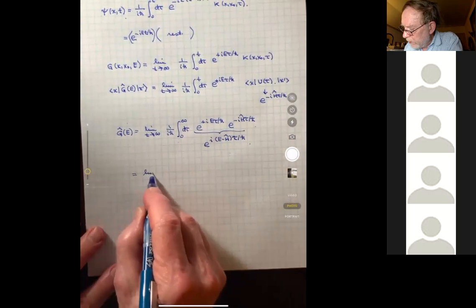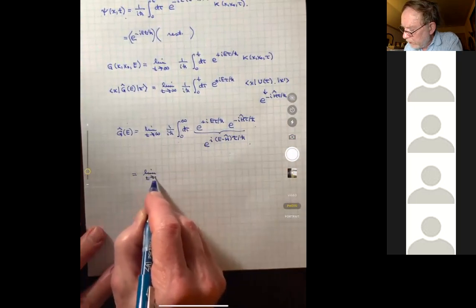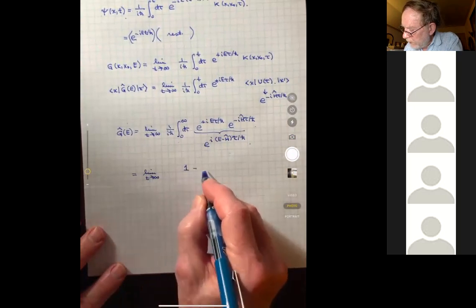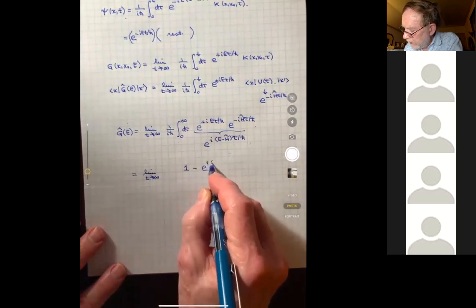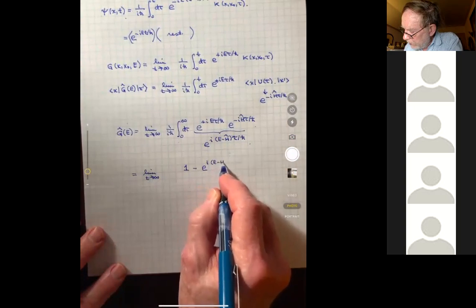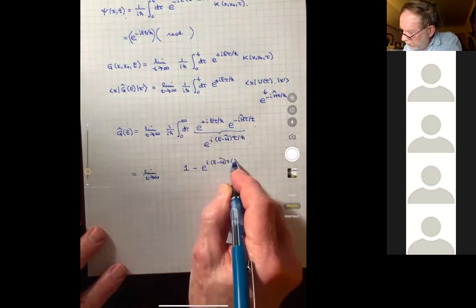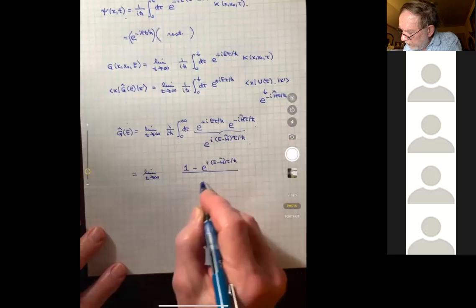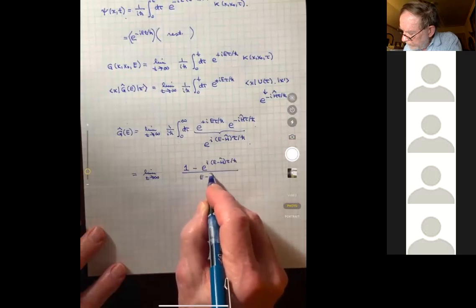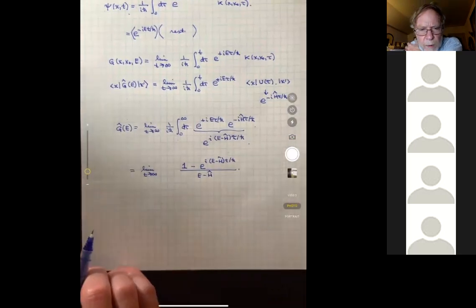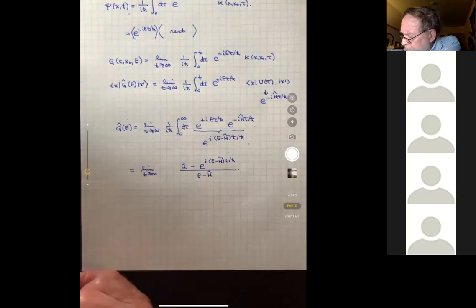When you do the integral, as T goes to infinity, you get 1 minus e to the i (E minus H hat) T over h bar, divided by (E minus H hat). So this is the answer. We can do the integral and we get an answer.